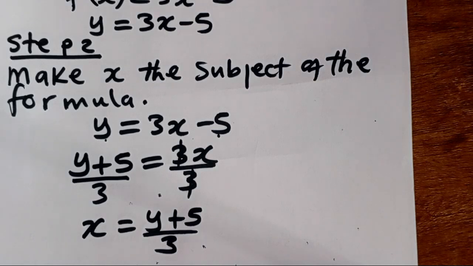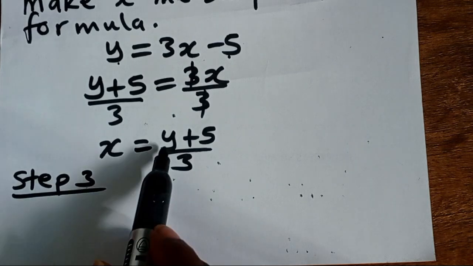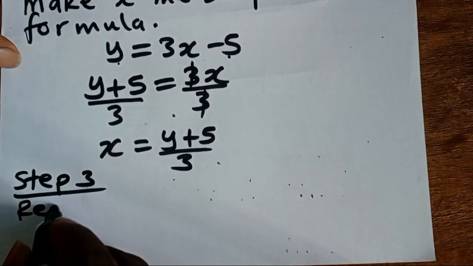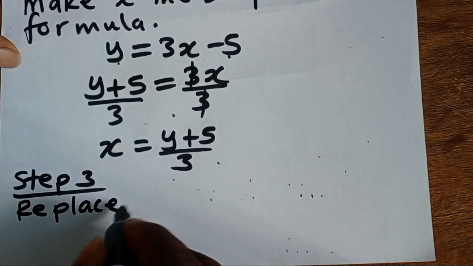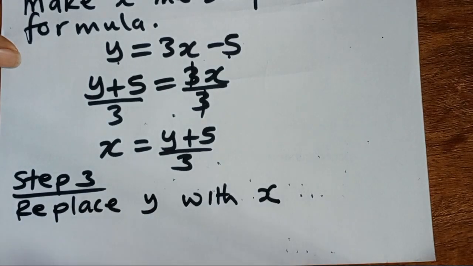So the last step, which is step 3, you just have to replace y with x. This y, you have to replace it with x. So replace y with x.